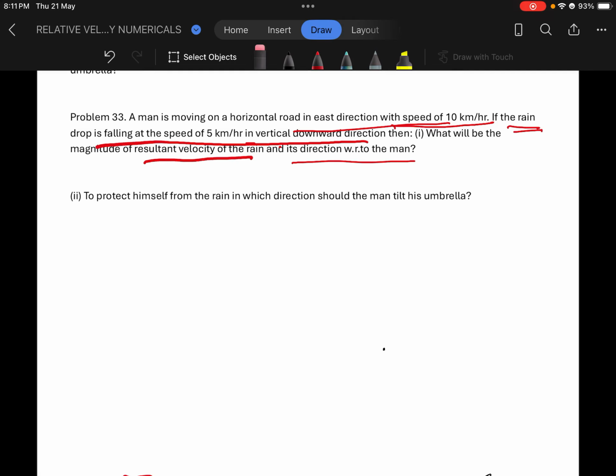So see here, now you take this direction as east direction. So this will be what? West.